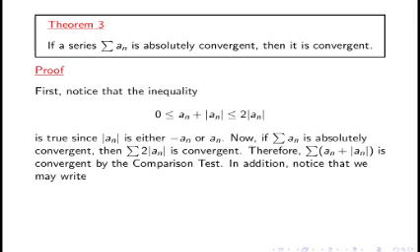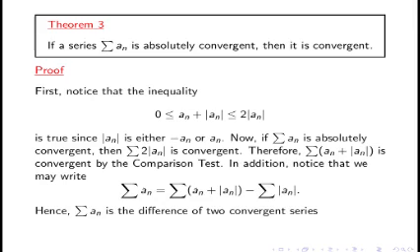And now we simply write the sum of a_n as the sum of a_n plus the absolute value of a_n minus the sum of the absolute value of a_n. Notice we can do this only because we know the 2 expressions on the right of the equality sign actually refer to convergent series.